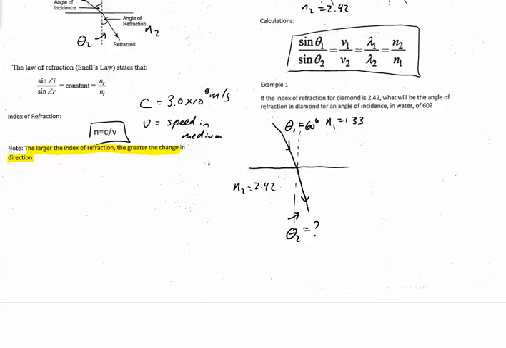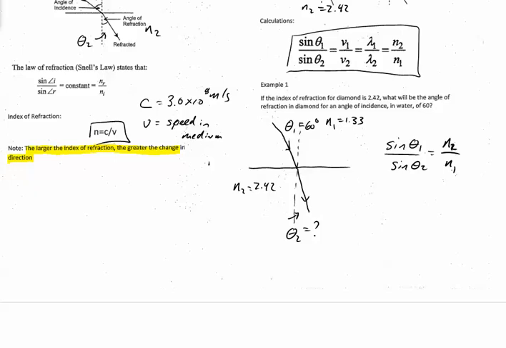So we're going to write it out, and I prefer to write it as index of refraction, but let's write it the way that it's given first of all. So sine theta 1 over sine theta 2 is equal to, and notice we're talking about different index of refractions, so I'm going to write it in terms of n2 over n1.